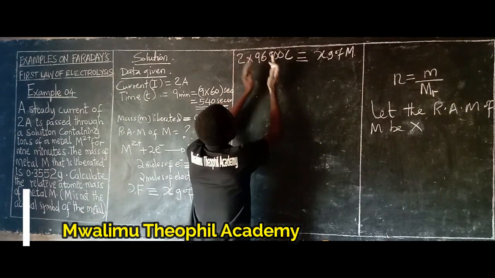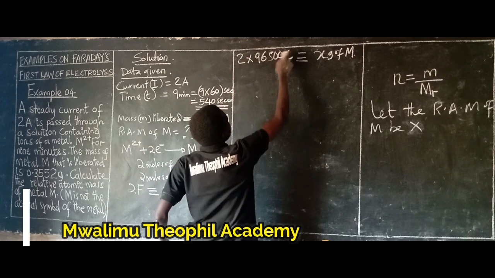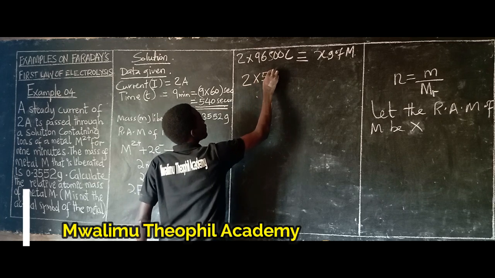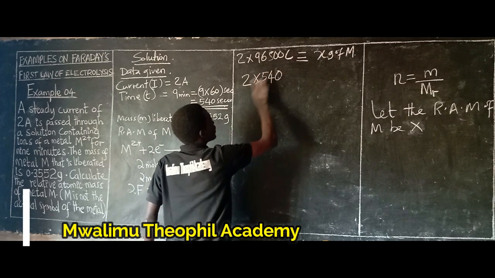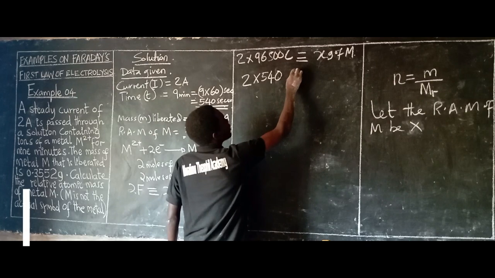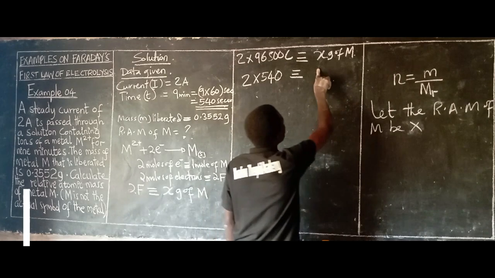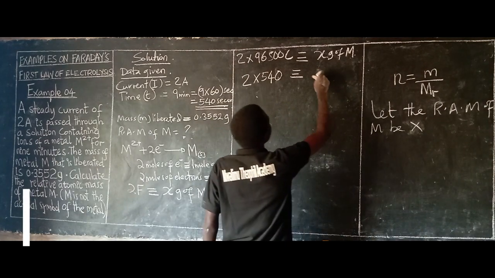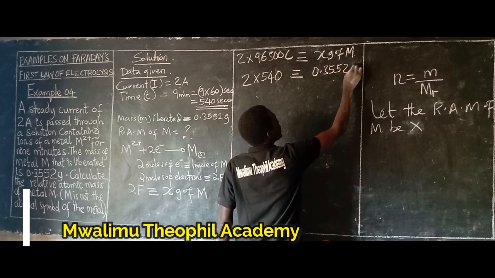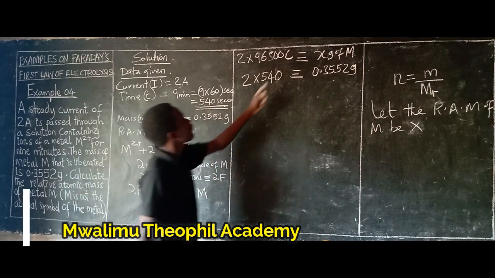On the left hand side we have the charge in terms of coulombs, so 2 ampere times 540 seconds, to get the charge from the data of the question. Now this will be equivalent to the mass liberated. What mass of metal M was liberated? The mass liberated was 0.3552 gram.